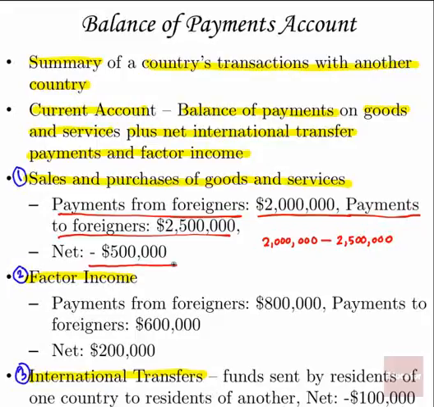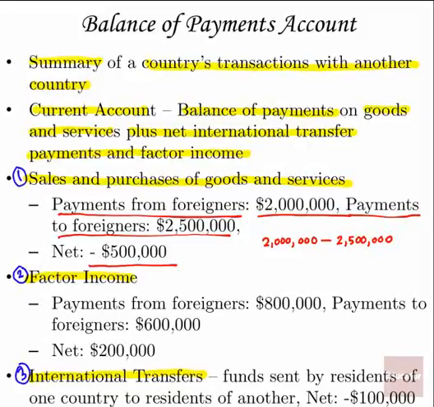If you look at this individually, the sales and purchases of goods and services, you're really looking at exports and imports. And so in this particular case, there are more imports coming in than exports. So that's the way you tabulate this particular portion of the total.